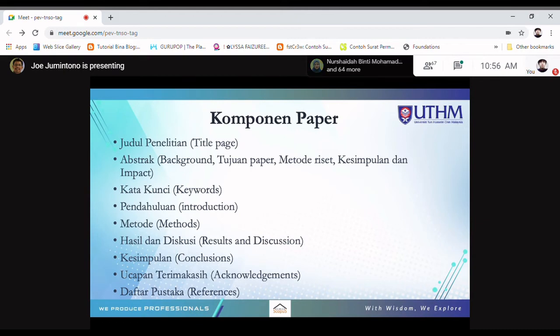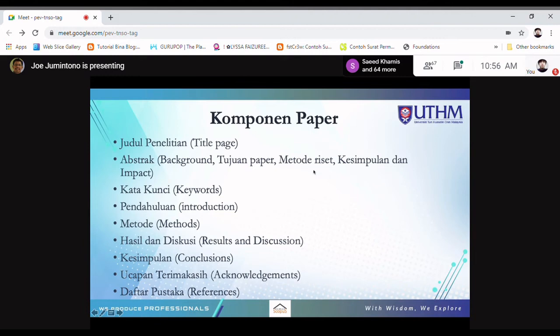The aim of the research is to find out the model of educational leadership in encouraging the people to take part actively. Take for example like this. This is the tujuan, something like the purpose of the paper.